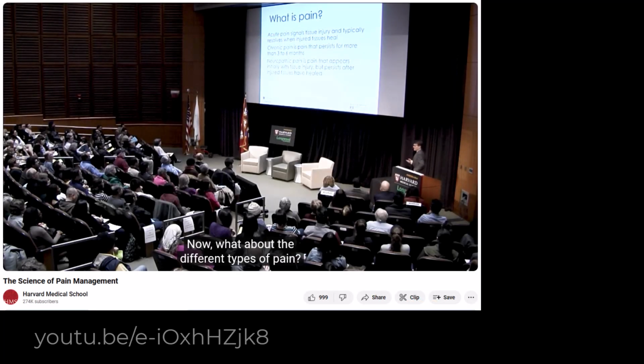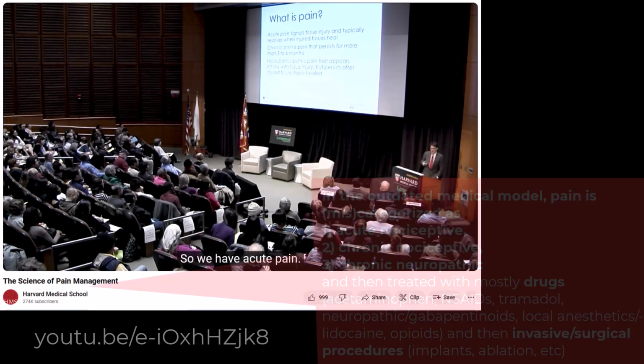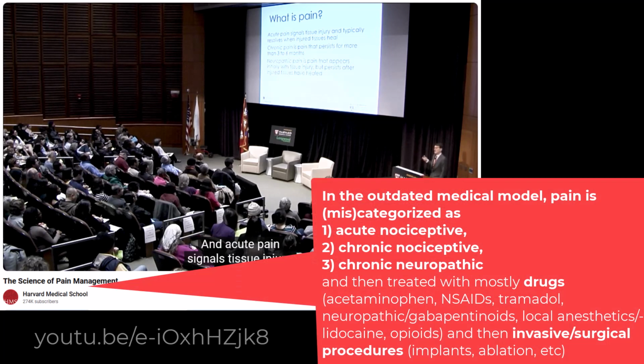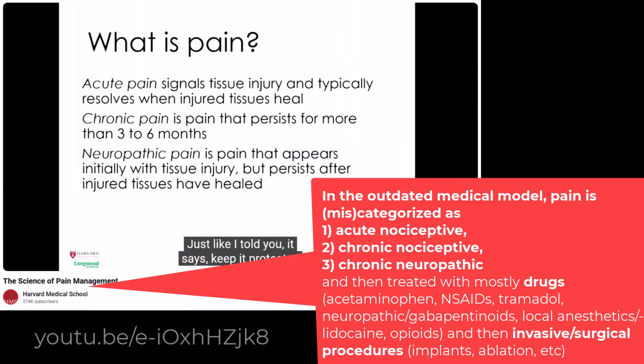Now, what about the different types of pain? So we have acute pain, and acute pain signals tissue injury, just like I've told you. It says, keep it protected until all of the tissue heals. But at some point, in states where you have recurrent tissue injury, or in those where you've had permanent alterations of the nervous system, you can have pain that persists 3 months, 6 months.